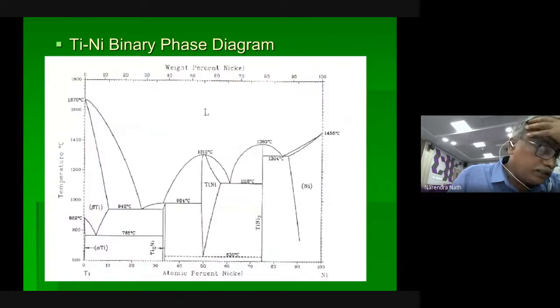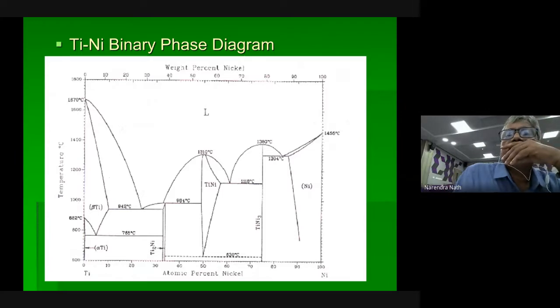And this is one diagram I am just showing because you people already know different binary phase diagrams, I think. This is because when we talk of SMA, why that equiatomic is coming into the picture. This equiatomic is here, you see.